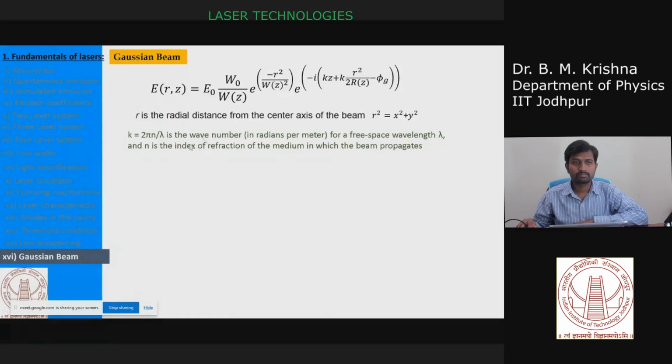In units of wave numbers, it is 1 over lambda. The remaining part is a constant depending on the material medium. You can call k the propagation vector or the wave number. E naught is the electric field amplitude at the origin at time t equals 0, but this whole factor is the complex amplitude of your Gaussian beam.